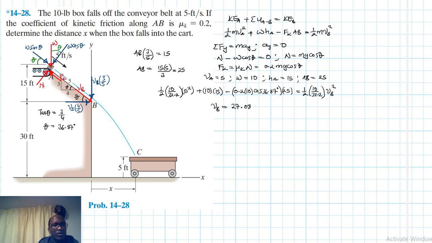Alright, so here what we want to consider is we are not considering the whole lot of 30 meters because we don't have any dimensions down here. You see, look at this. The box, okay, has only been designated to fall up to point C. Of course, it will fall in the cut, but we've not been given the dimensions of the wheel and so on.